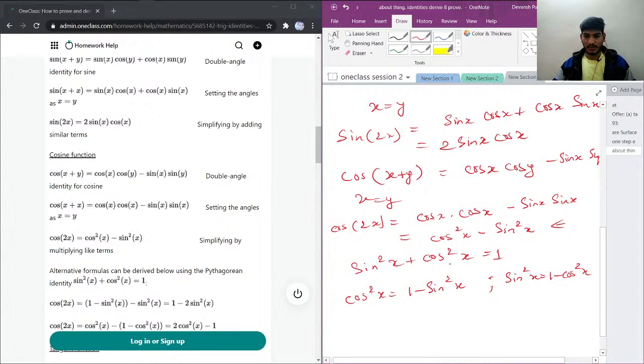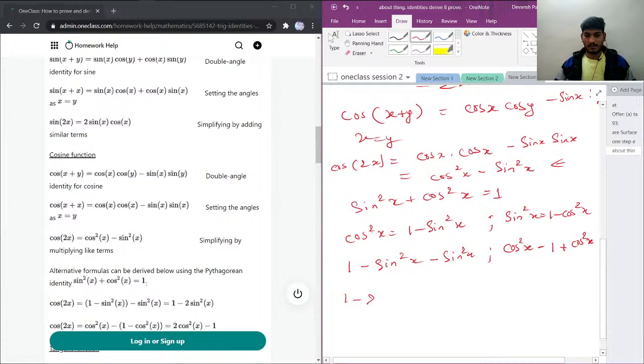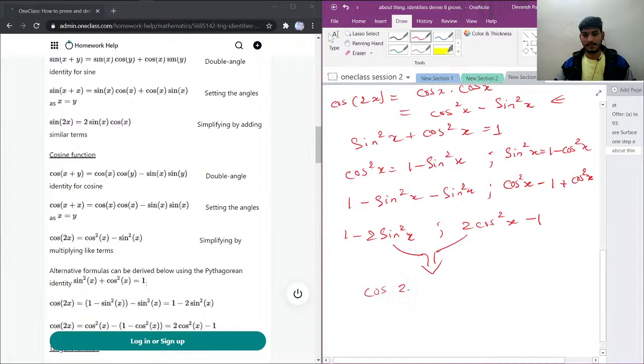So if I substitute the value of cosine square x, I will get 1 minus sine square x minus sine square x, or if I substitute the value of sine square x, I will get cosine square x minus 1 plus cosine square of x, and this will become 1 minus 2 sine square x, and this will become 2 cosine square x minus 1, and these both are equal to cosine 2x.